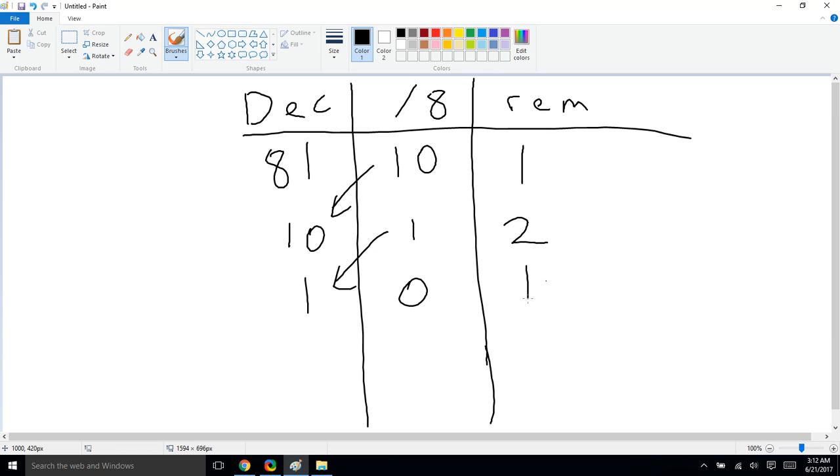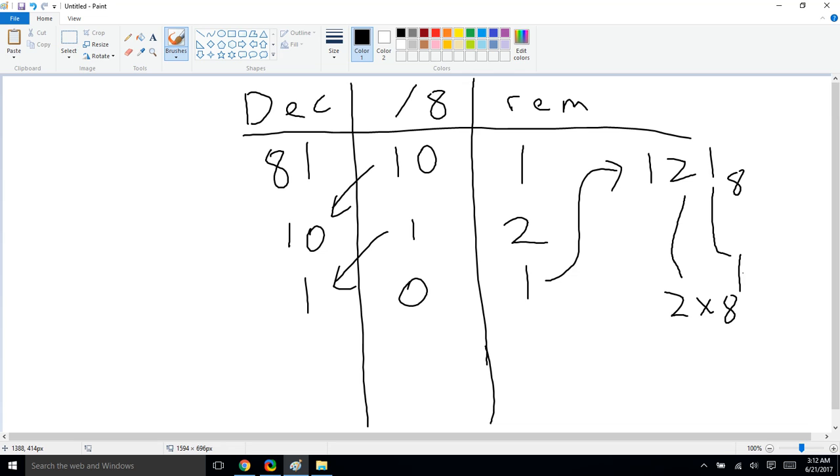So if this works out, then 121 in base 8 should be equal to 81. And you can check this now. This 1 is the ones place, so that's just 1. This 2 here is the 8th place, 2 times 8. This 1 here is 1 times 8 squared.